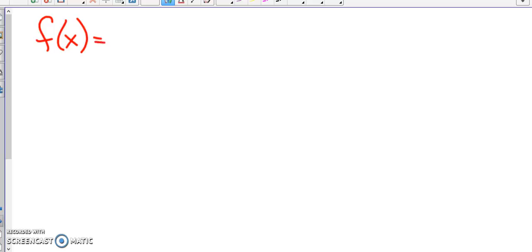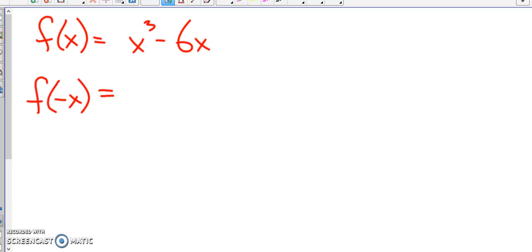So let's say that f of x is x cubed minus 6x. I'd like to know whether that's an even function or an odd function. The way you check is you compute f of negative x and see how it turns out.